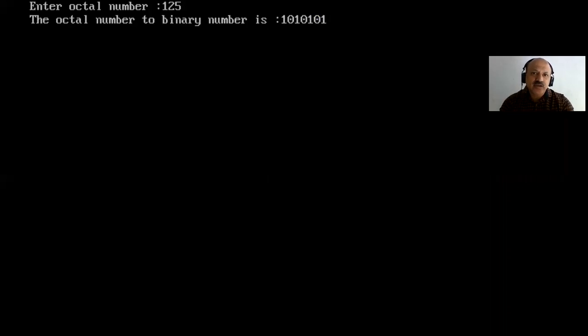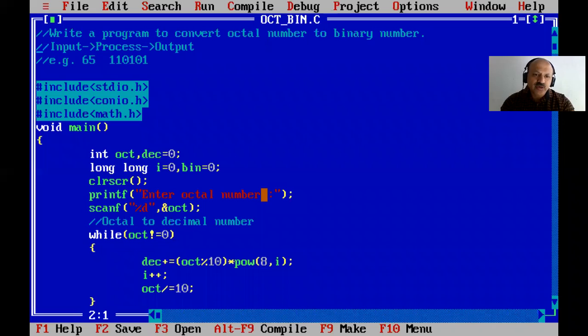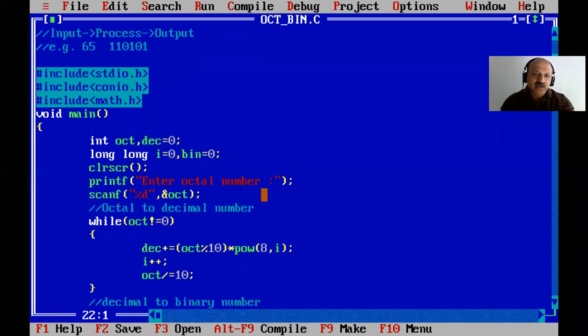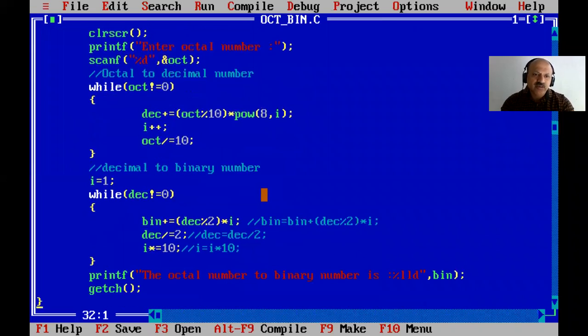So you can take it yourself in the watch window and observe your analysis. Now, I hope you can understand. So octal to binary, how to convert in C programming. First you convert octal to decimal and then decimal to binary. So there are two while loops you have to take, and I developed very short logic.